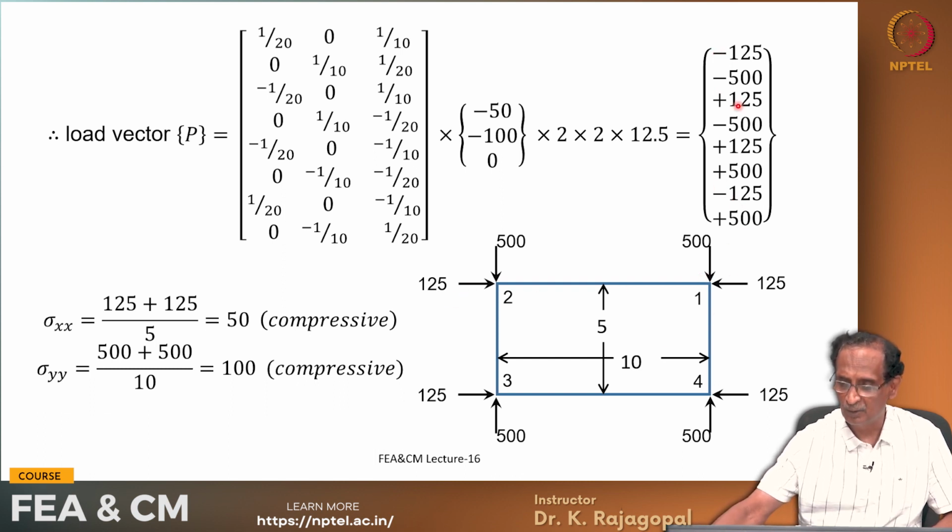This minus 125 at node 1 is in the negative x direction, and minus 500 is in the negative y direction at node 1 like this, and at node 2 it is positive 125 and then negative 500. At node 3 both x and y are positive. At node 4 x is a negative force and y is a positive force.